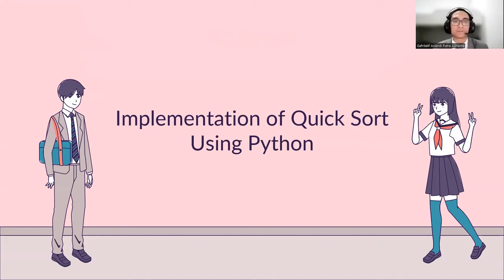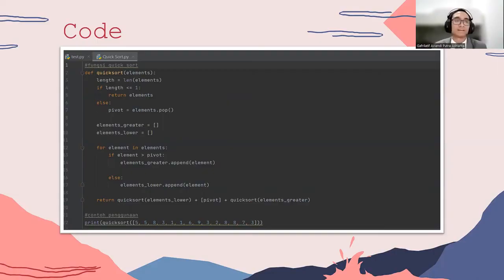And next we have the implementation of quicksort using Python. And here we have our code for the implementation of quicksort using Python. First, we define a function called quicksort, and it needs elements. And then we determine that length is equal to the length of elements.